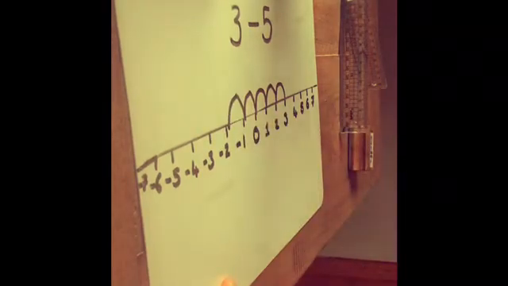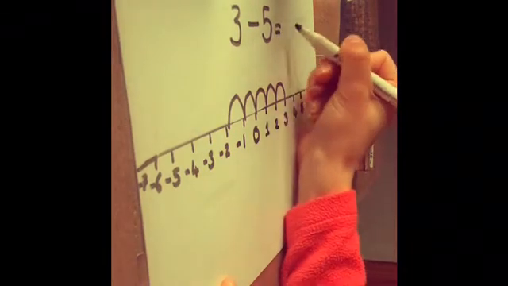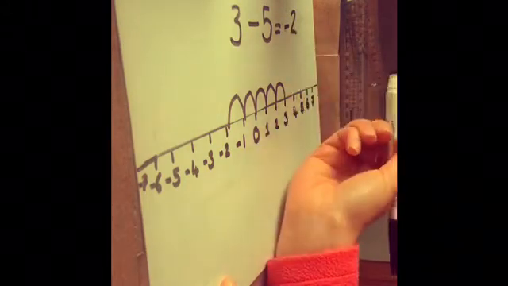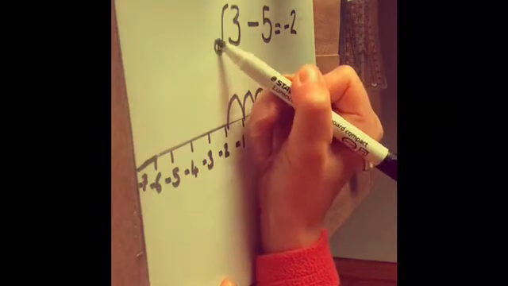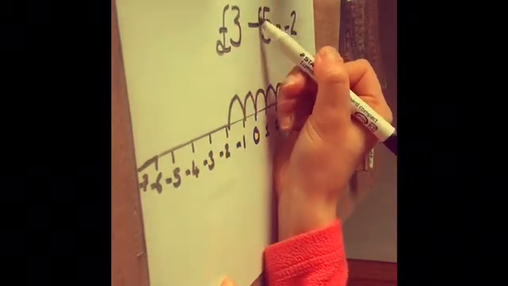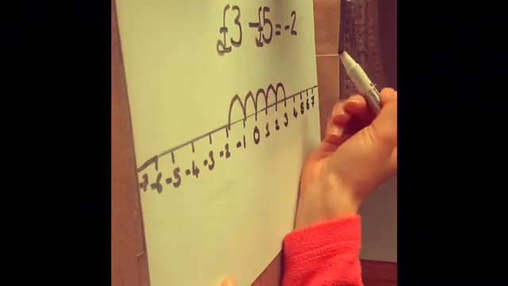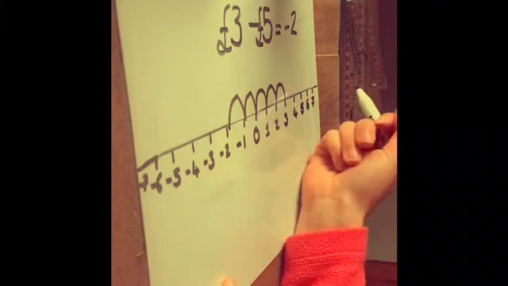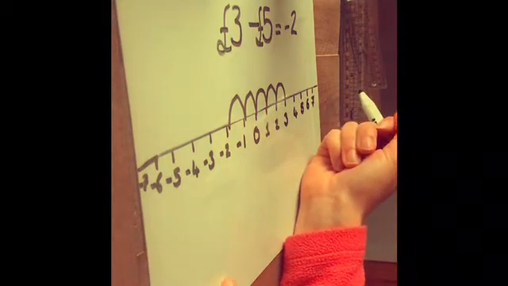So that takes us to -2 again. So let's put this into a money context. Let's say that you had £3 and you wanted to spend £5. Well, you would be £2 short, so you would need to borrow £2 from somebody.